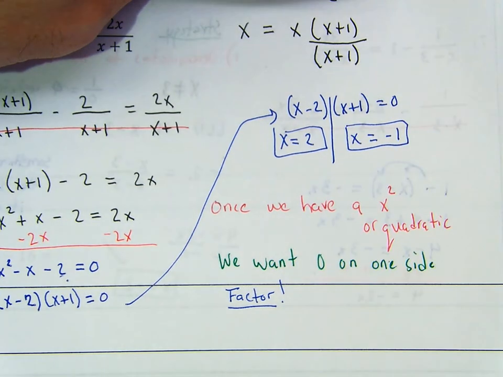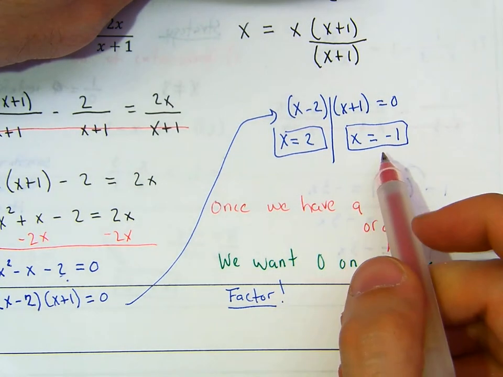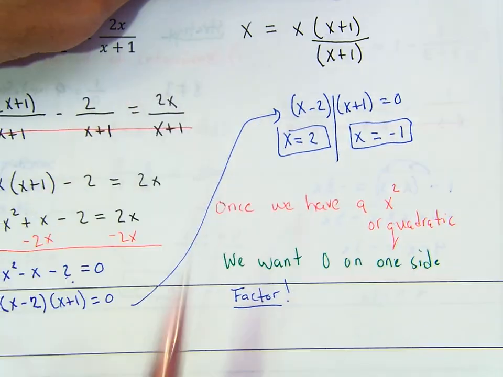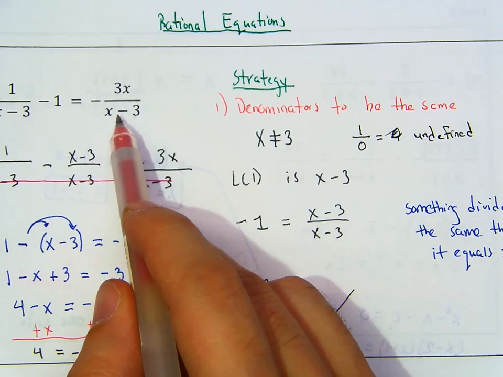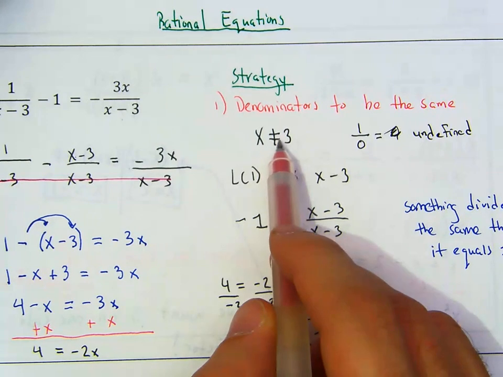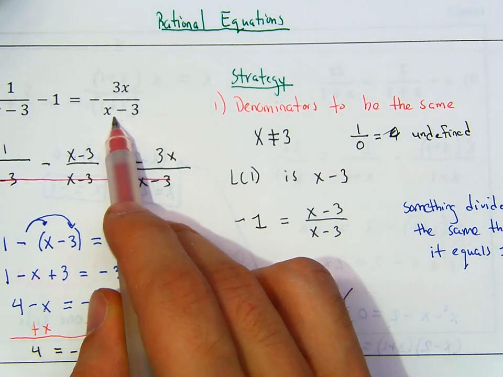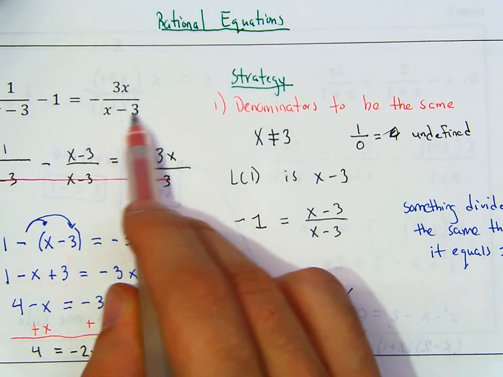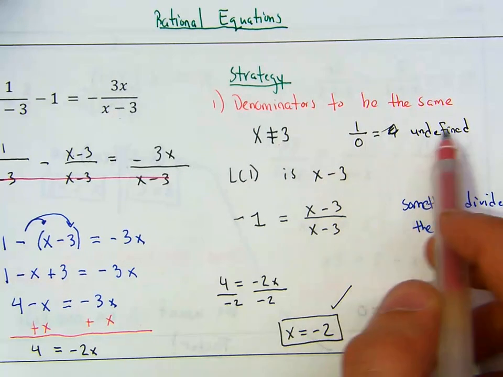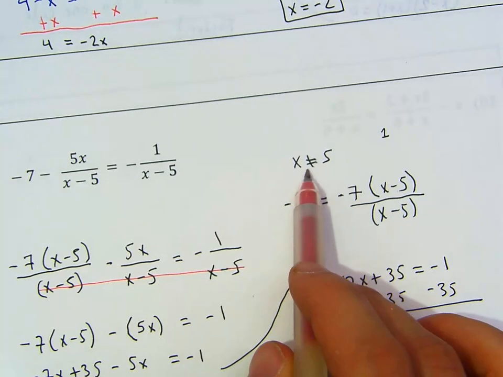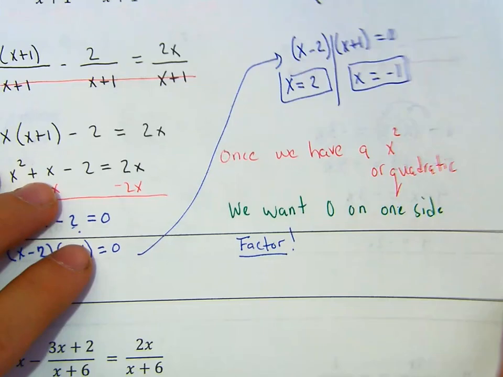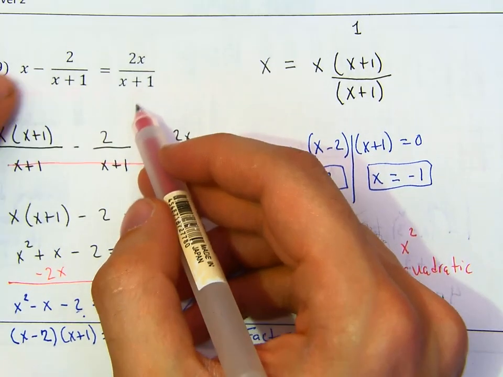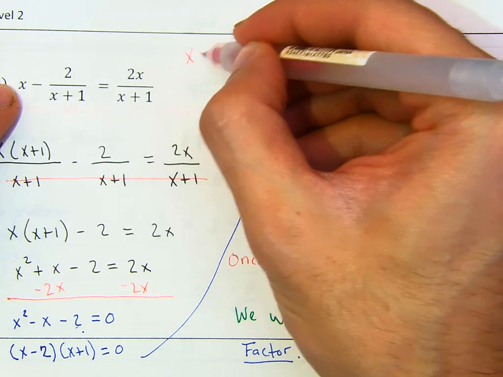But the idea is, once you get to this, notice, you see how before, when we had here, what can x not be? X cannot be 3. Because if you put 3 in, 3 minus 3 is 0, and you're not allowed to have 1 over 0, that's undefined. Here, x cannot be 5. Here, what can x not equal?